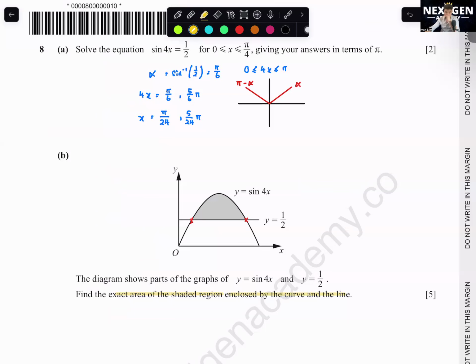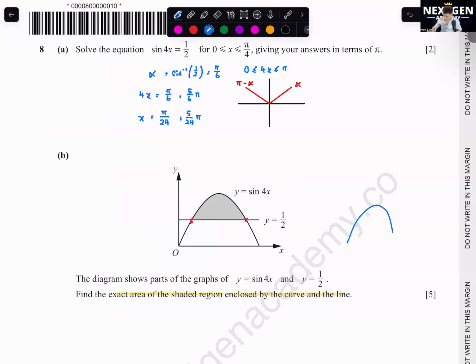Do you all remember, if they give you two graphs, they want you to find the area enclosed. What is the formula that we will use for area enclosed? If you have two graphs, I'll just sketch it out.